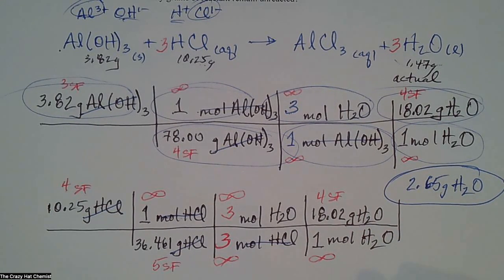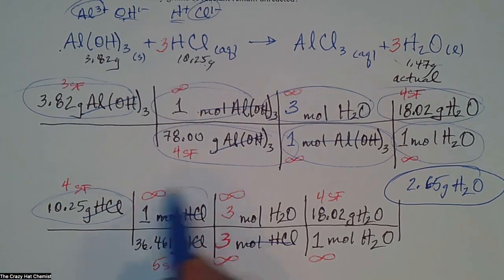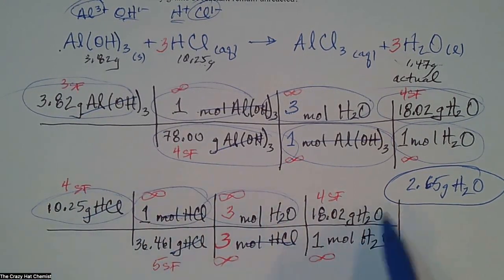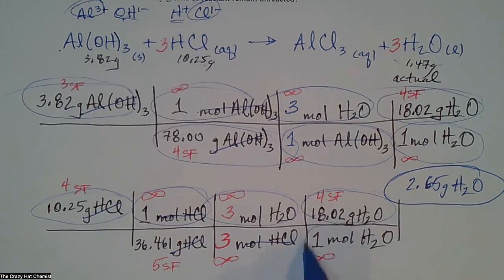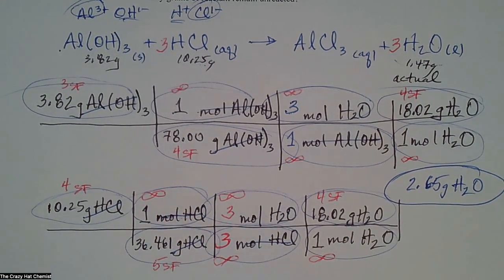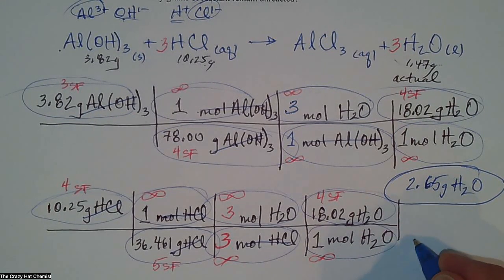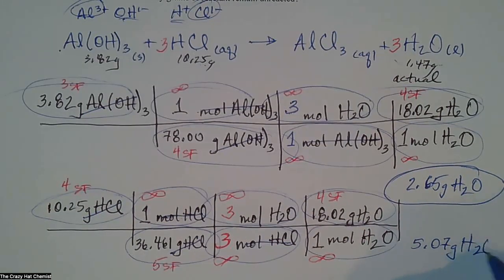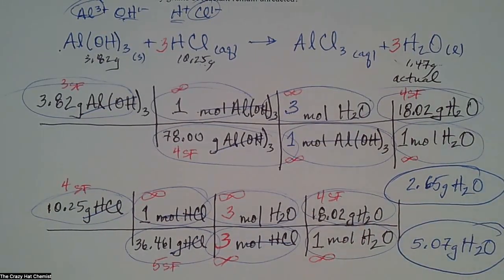So I'm going to get a number in my calculator by taking 10.25 times 1 times 3 times 18.02 divided by 1 divided by 3 divided by 36.461. And I'm going to get the number 5.07 grams of H2O.